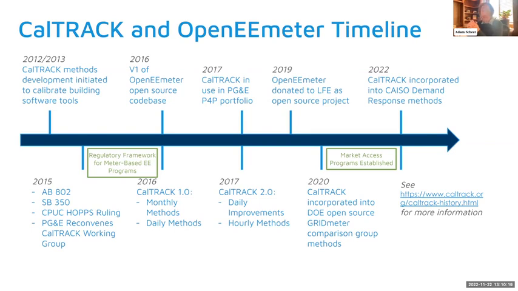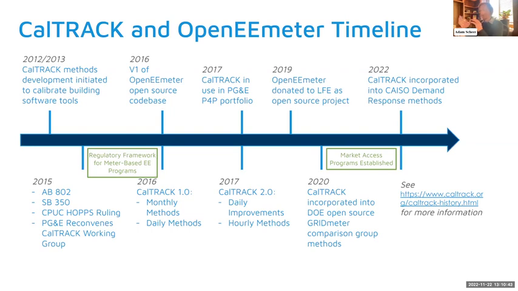We've even used CalTrack to measure the impact of the COVID pandemic, for example, or other factors like time of use rates that impact everybody in the population. But that's sort of the fundamental: what is CalTrack? It's a modeling framework to produce predictions of the energy consumption that would have happened in the absence of some kind of intervention that we want to study.